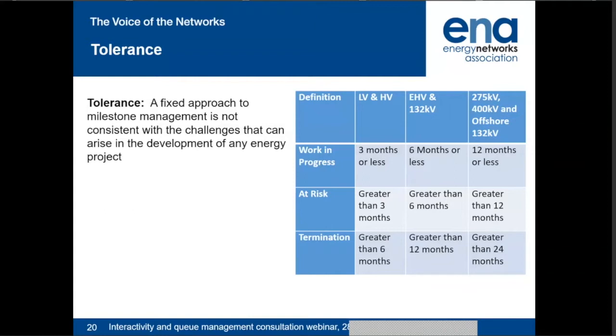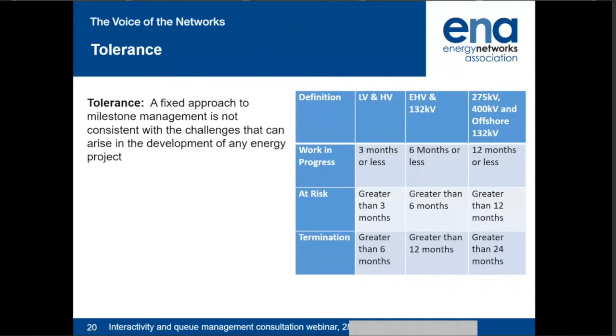And if the customer continues to delay beyond that allowance of at risk, so again on the right-hand column, if it was to delay beyond a further 12 months, exceeding more than 24 months, it would then be classified as under termination, and the network company may choose to terminate that particular contract. And again, those timescales reduce as you move down the connection levels.